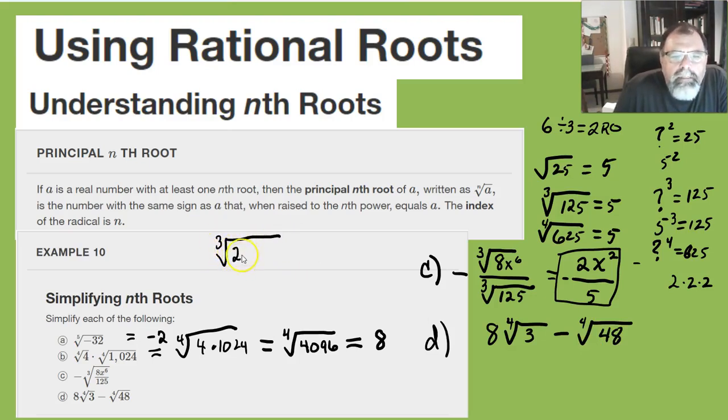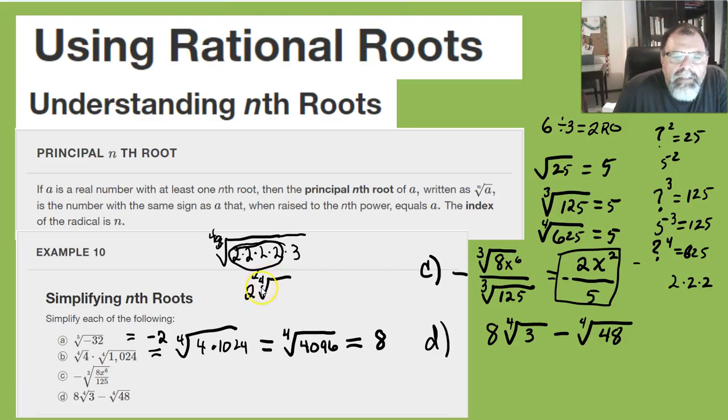Oh, this was supposed to be fourth root. 16, you're going to have 4 2's, so 2, 4, 8, 16, and then the 3 to get 48.